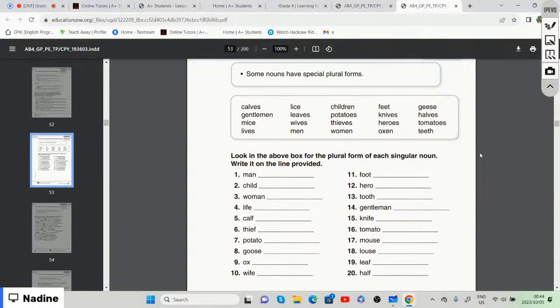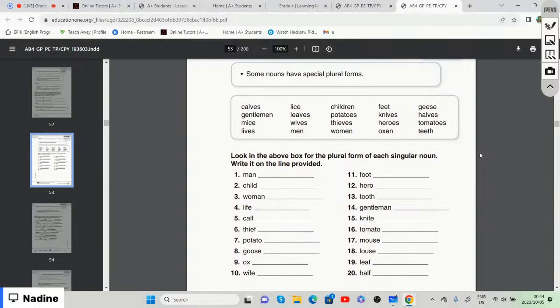The singular nouns are already given to us. There are 20. We're not going to do all 20, we're just going to do a few.